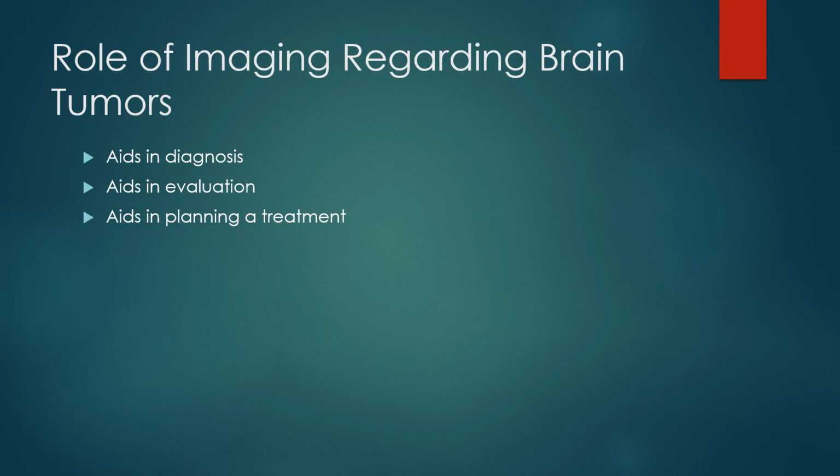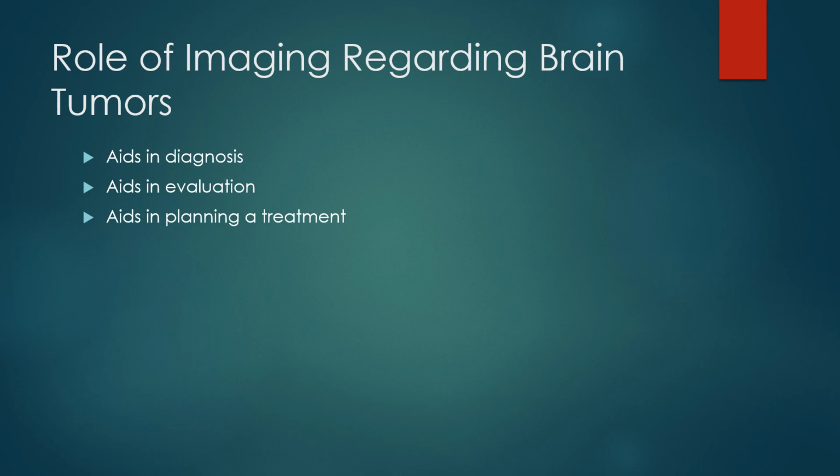Now, what is our role when it comes to this pathology as imaging technologists? This is important because when finding that a patient has a brain tumor, you don't want to go just digging around in people's heads, that can be really dangerous.